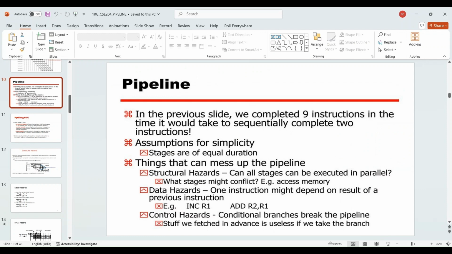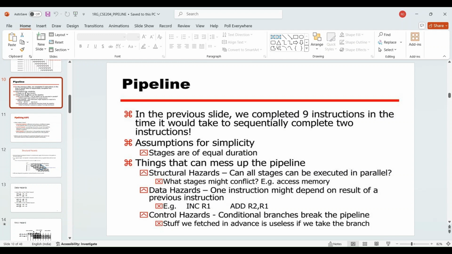A structural hazard occurs when the same stage is needed by two different instructions at the same time. And we will take the example of memory. You know that in the memory, data is also there, instruction is also there. Now if the data access and instruction access are required at the same time, instruction access is required in the instruction fetch stage and data access is required in the mem stage.